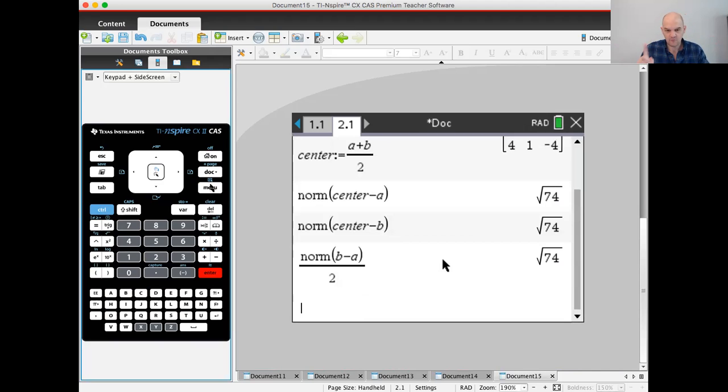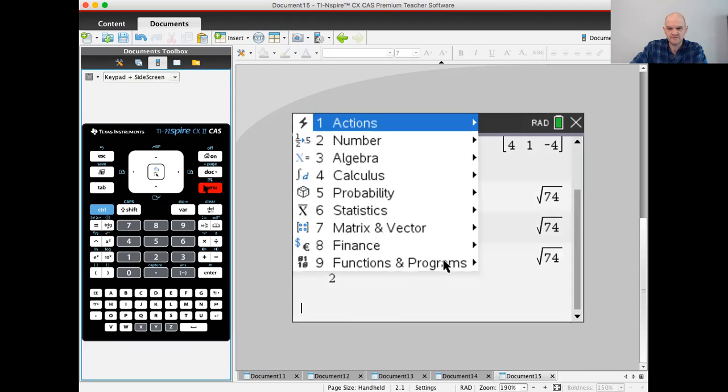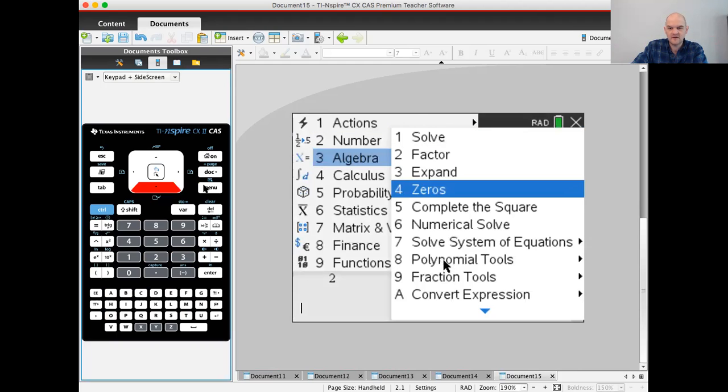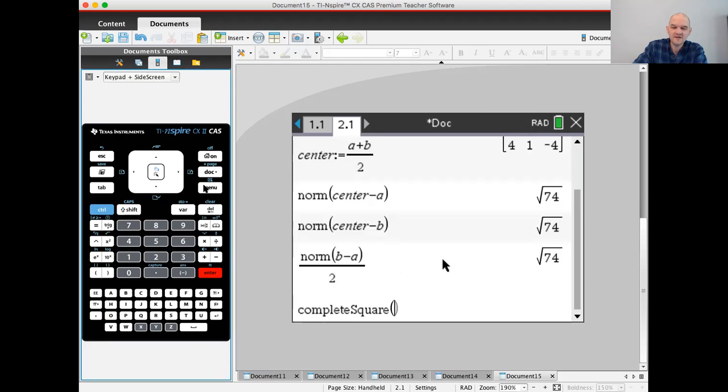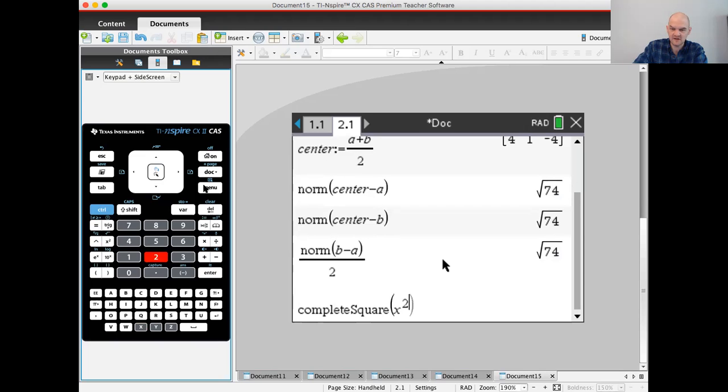Okay. While I'm here, I'm going to do the other one. To do the other one, I'm just going to complete the square. So menu 3, option 5. Know how to use your calculator, because your calculator is an amazing tool for learning this stuff. I did learn it before these calculators were common, and my understanding of this material skyrocketed when I could start actually playing around, and I didn't have to do everything by hand.